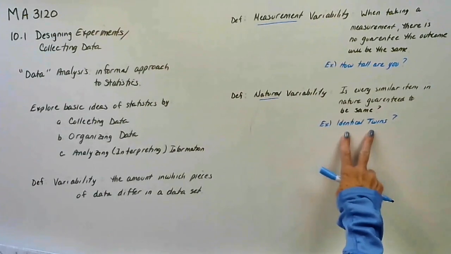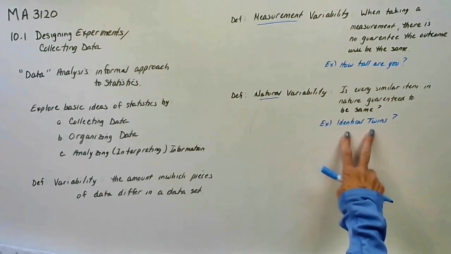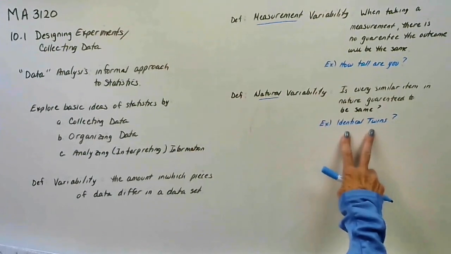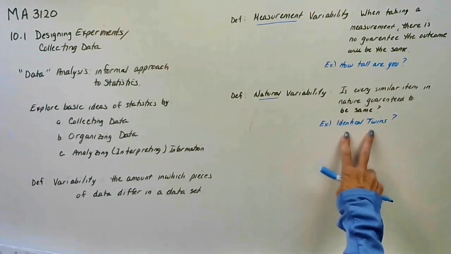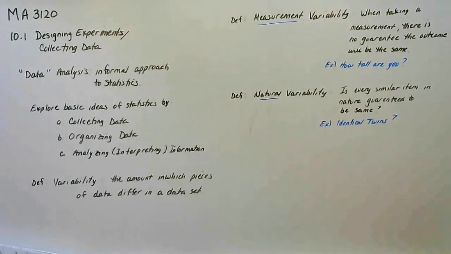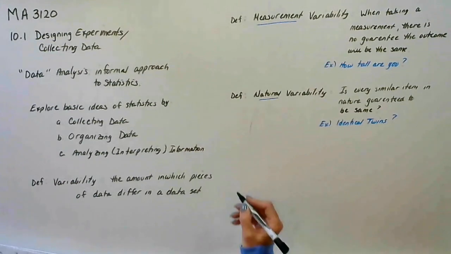They each have their own emotions, personality, aptitude. So identical twins may look the same, but they're not actually absolutely identical. And of course, when we get down to characteristic traits, no two people are absolutely the same. That's what we mean by natural. Now let's say we say induced variability.